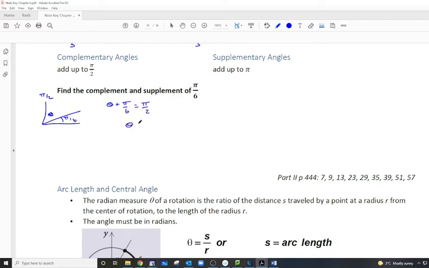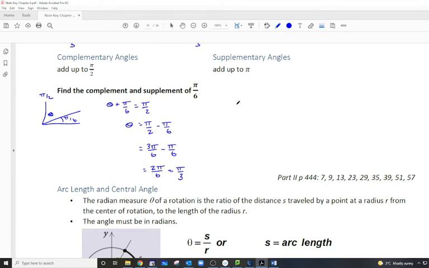So to find theta, you just do pi by 2 minus pi by 6. I'm going to create a common denominator, so I'm going to multiply top and bottom by 3. So this would be 3 pi by 6 minus 1 pi by 6, which gives you 2 pi by 6, which simplifies to pi by 3. So pi by 3 is complementary to pi by 6.